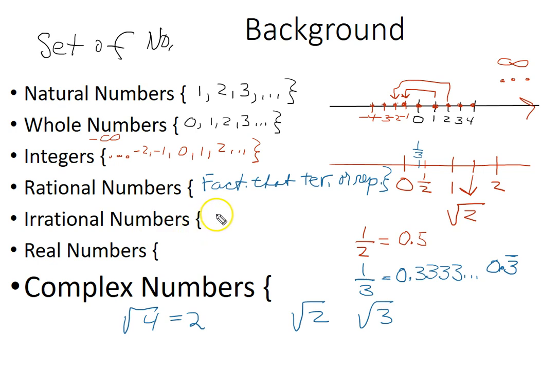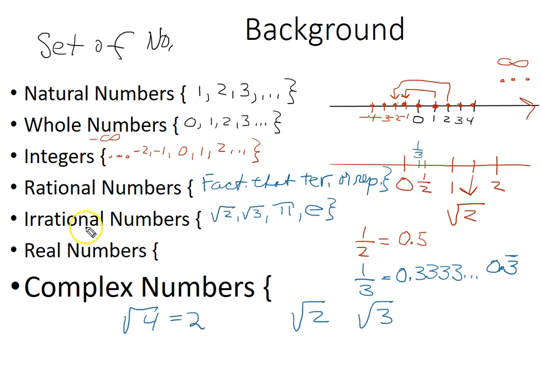These are the irrational numbers. So this would be the square root of 2, and all the others, square root of 3. Now it also includes pi, which we say is irrational, and a number we had earlier, the letter e, is irrational, and there are others, I'm sure.